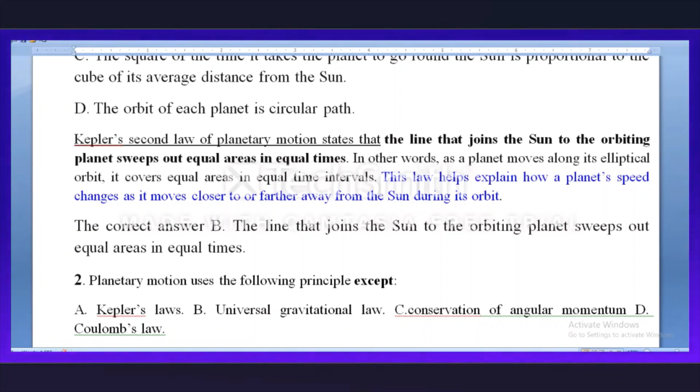This law helps explain how a planet's speed changes as it moves close to or far away from the sun during the orbit. From this idea, the correct answer is B. B says that the line that joins the sun to the orbiting planet sweeps out equal areas in equal times.